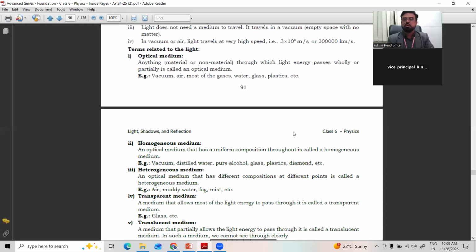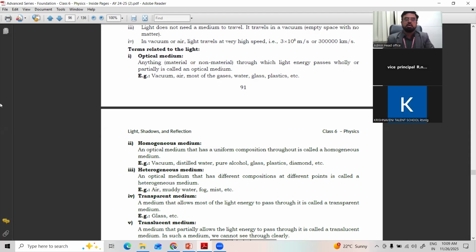We saw optical medium: the medium which completely or partially allows light to pass through it. It can be either transparent or translucent; these two together are called optical medium. Examples: vacuum, air, most gases, water, glass, plastic.